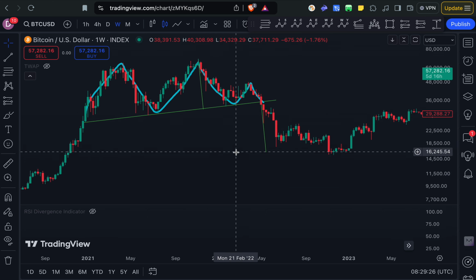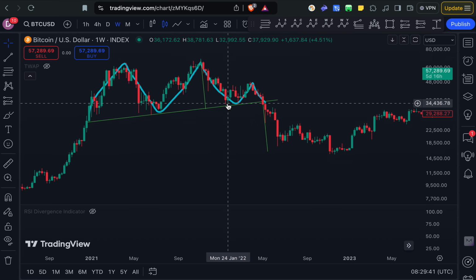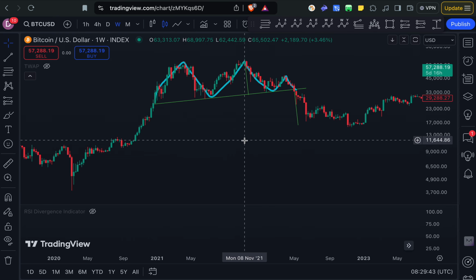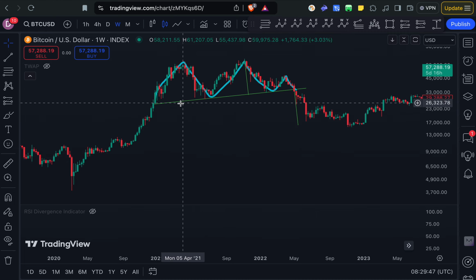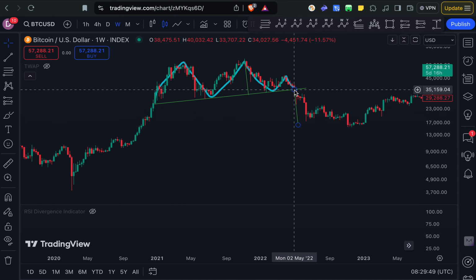And here we got the target price for this move, which was roughly $16,000, which would have netted you the absolute best price to buy Bitcoin in 2022 and 2023. So this head and shoulders pattern was absolutely beautiful. It was like a textbook, except the neckline was a little bit angled.